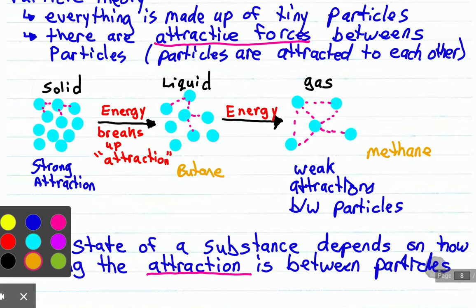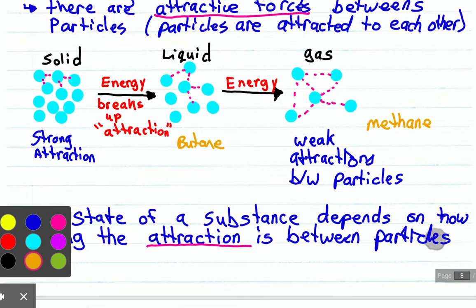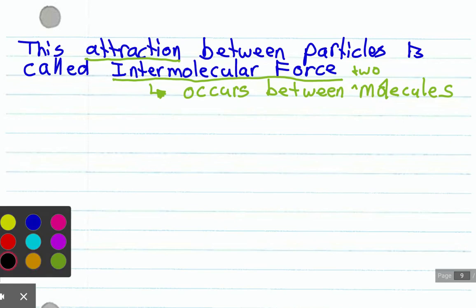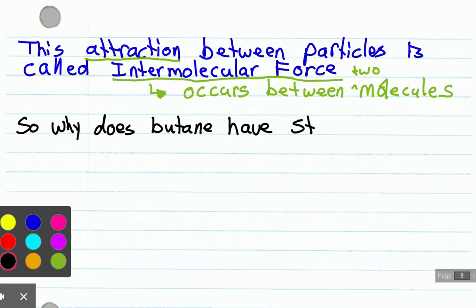So our butane is a molecule that has stronger attractions than our methane. So really, we want to know now, why does butane have stronger attractions?